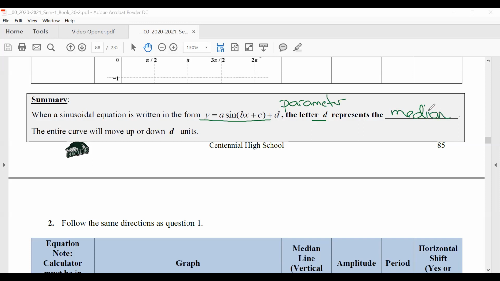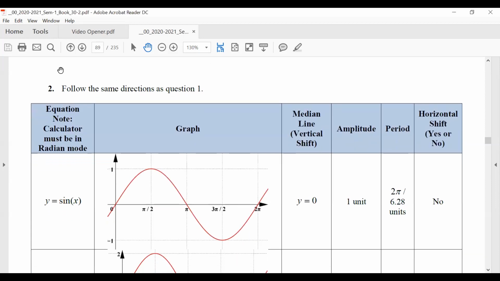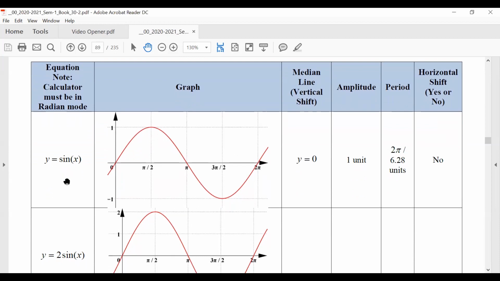This moves the entire curve up or down d units. Easy peasy. So if I had this, I would say that whole graph is moved up 5. Easy. There's your first one. And d is always the first thing you find and draw in. I'm begging you.